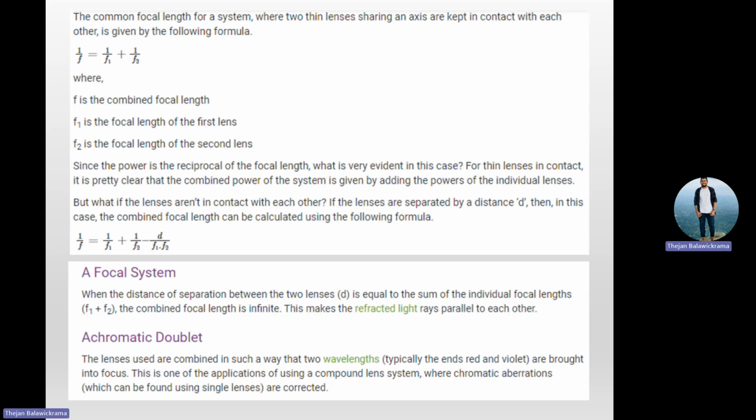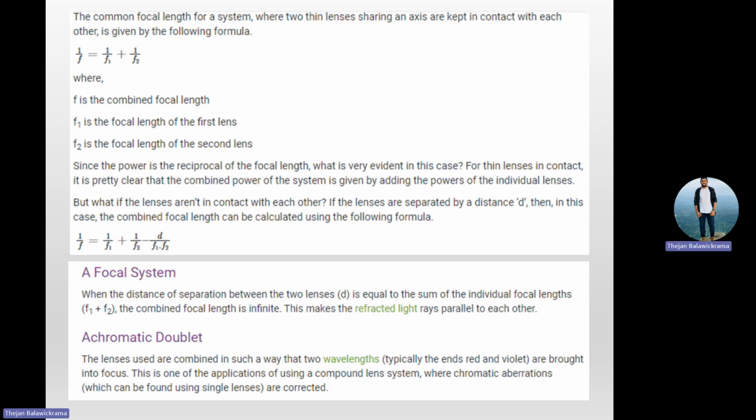Fourth, the achromatic doublet. I can ask in the exam, what is an achromatic doublet? Chromatic means color, so what will happen with chromatic colors? An achromatic doublet is like a thin lens, a combined lens that we use, but we are using two wavelengths.